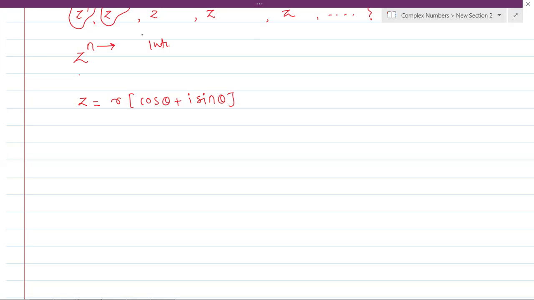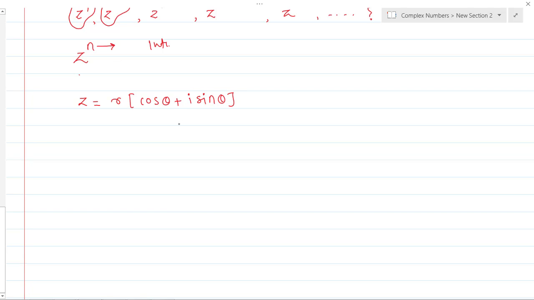We know that z can be simply represented in the polar form, r into cos theta plus i sin theta. So what does De Moivre's theorem say?